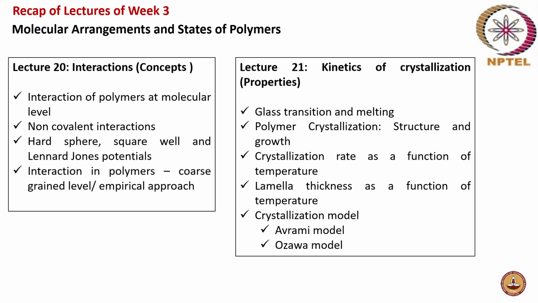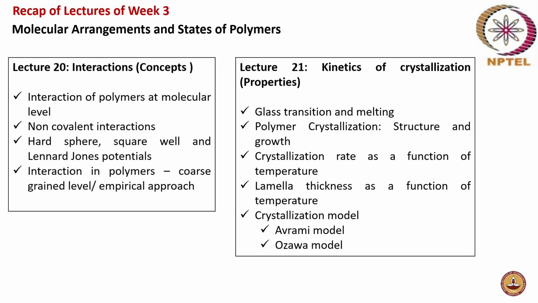And then you could remember the plot of the crystallization rate versus temperature, where you could find that the crystallization rate is higher in a particular range only. It increases as you move away from your melting temperature, and similarly as you move away from your glass transition temperature.